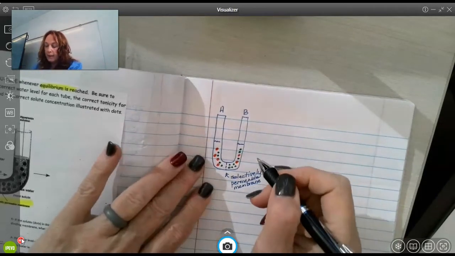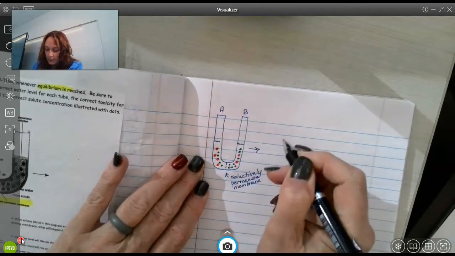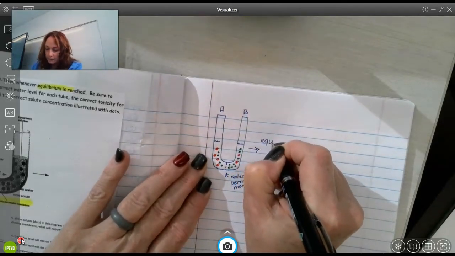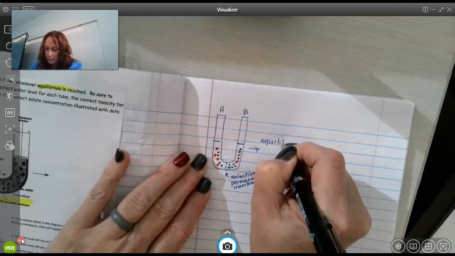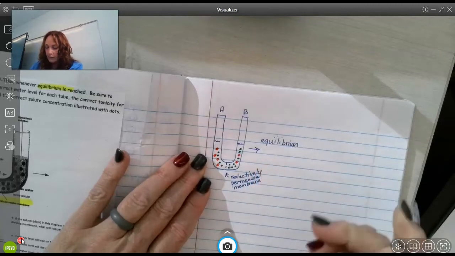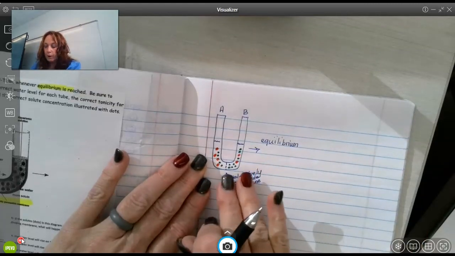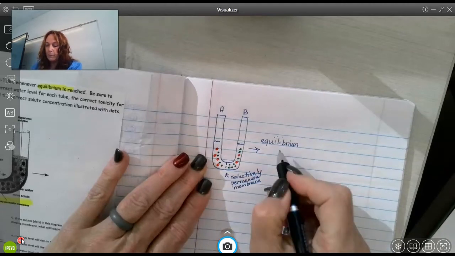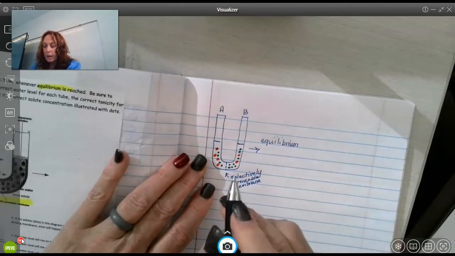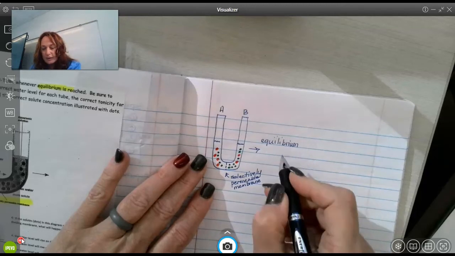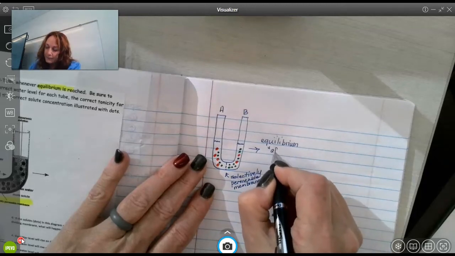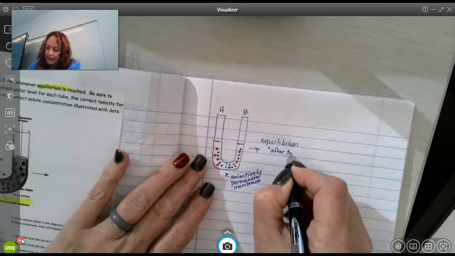So I'm going to let this go to equilibrium. Now we're going to come back and talk about this in just a second, but I'm going to let it go to equilibrium. Sometimes in test questions they'll say something like, after 3 days.